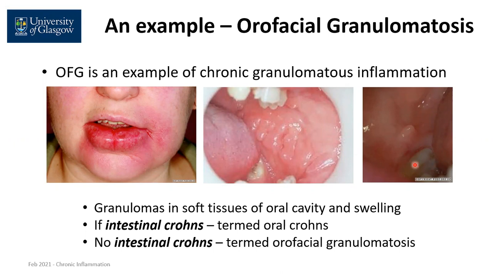So basically if certain patients have intestinal Crohn's and also these clinical presentations within the oral cavity, then it'll be known as oral Crohn's. If there's no sign of intestinal Crohn's disease, then you basically just get OFG. But basically oral Crohn's and OFG have very similar clinical manifestations.